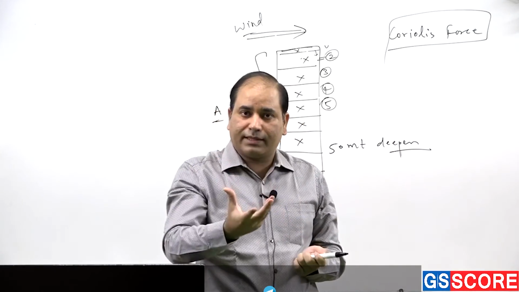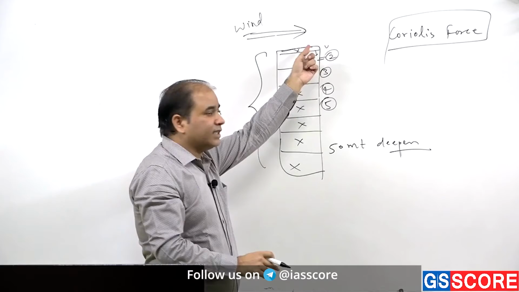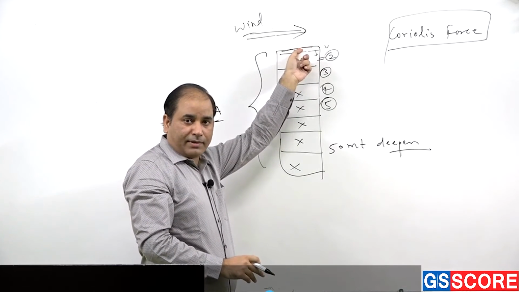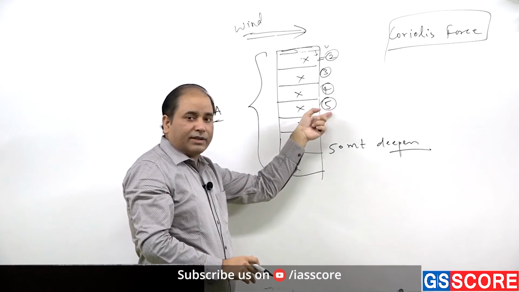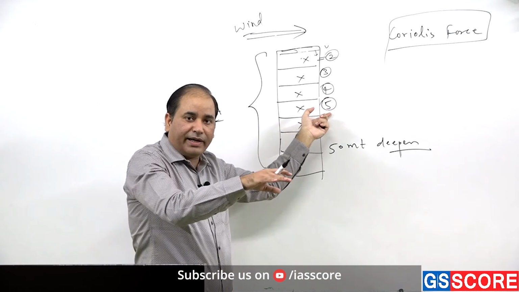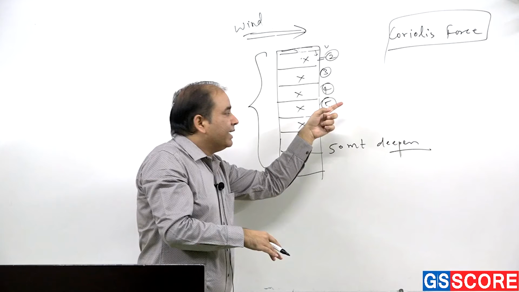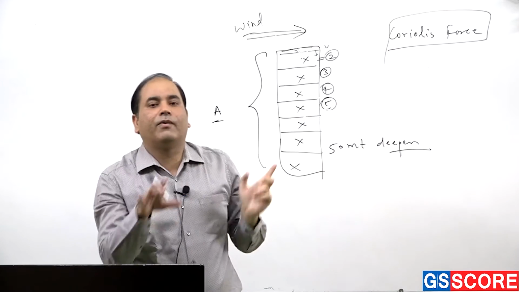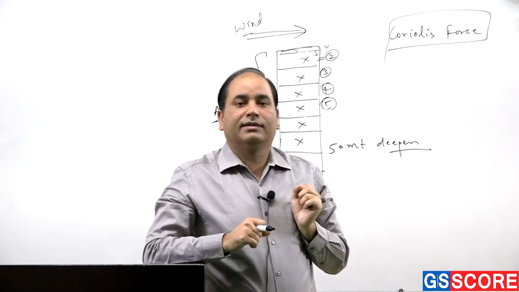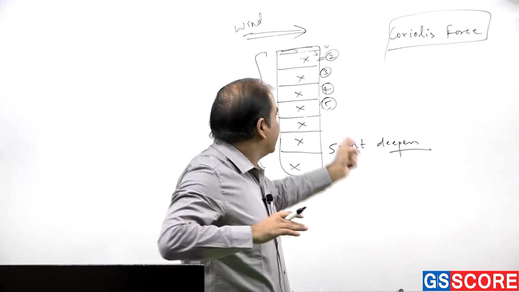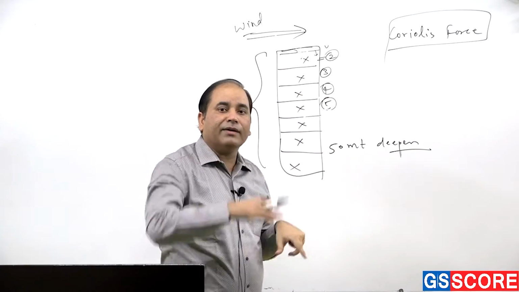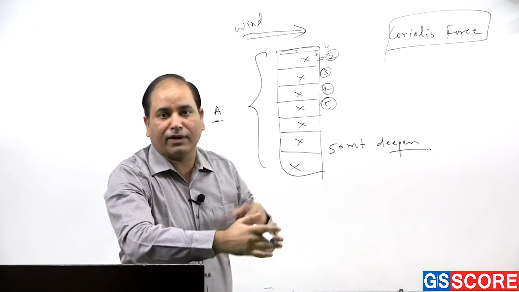So the speed of the oceanic current at depth will be much lesser than the speed of the top water. The energy is passed layer by layer, not directly from the wind.